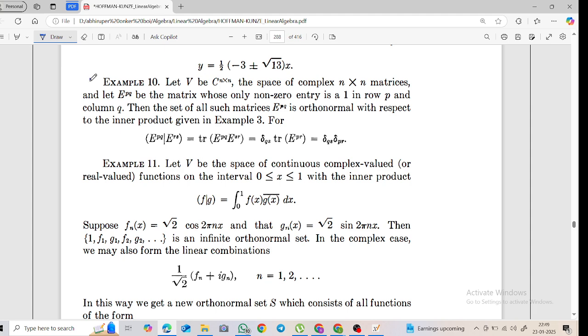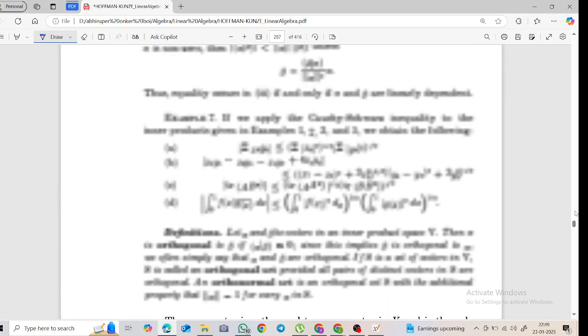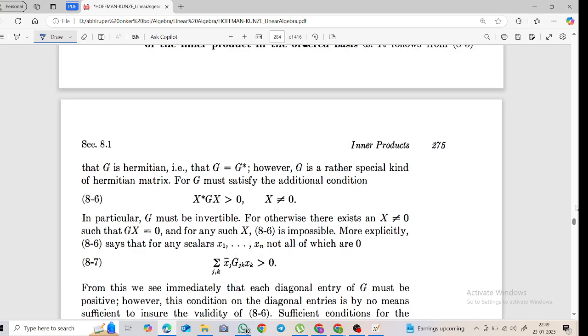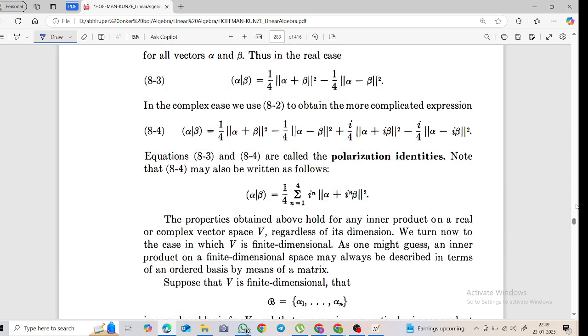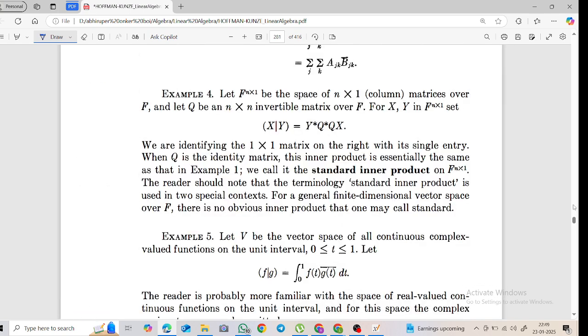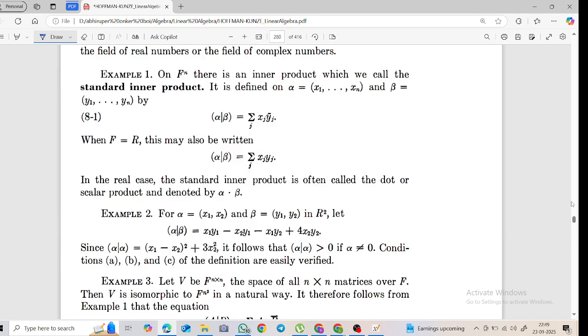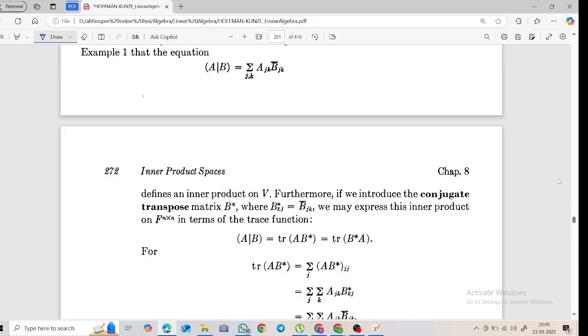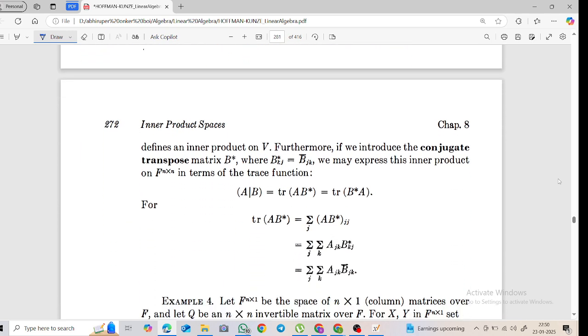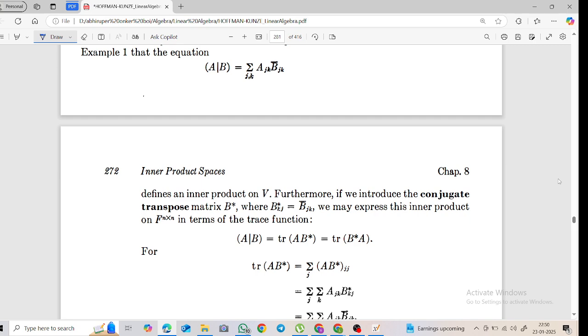Okay. So look at this example 10 carefully. And let's go back to example 3. Just a minute. Where was example 3? So this is trace of A B star, right?